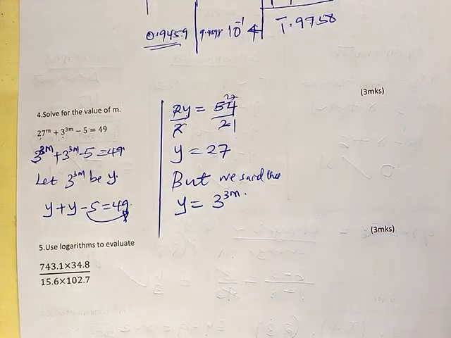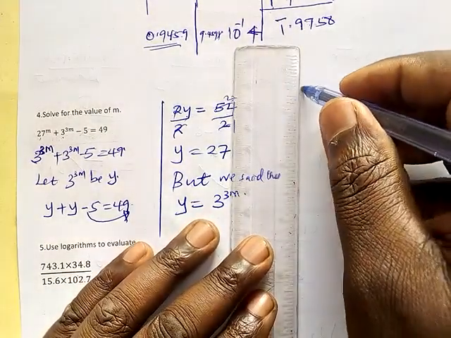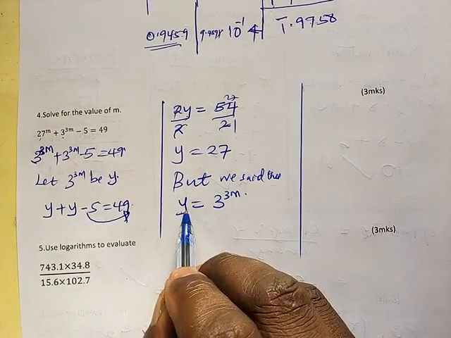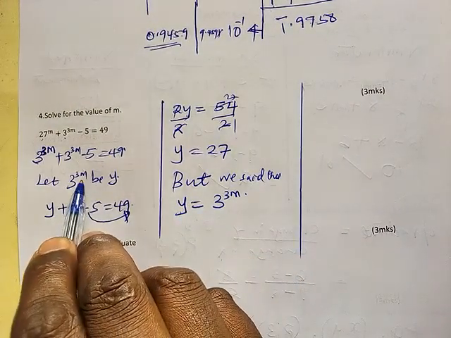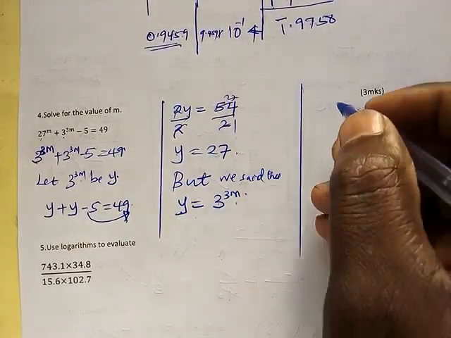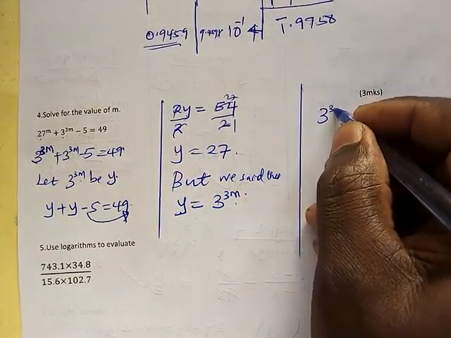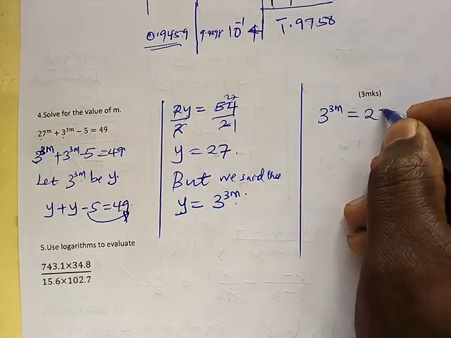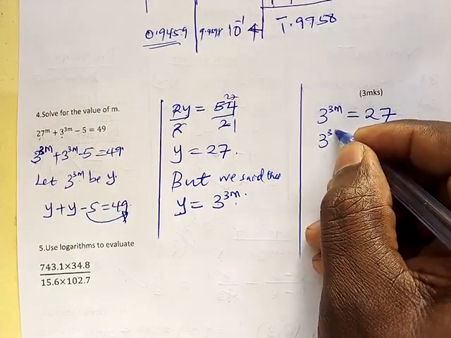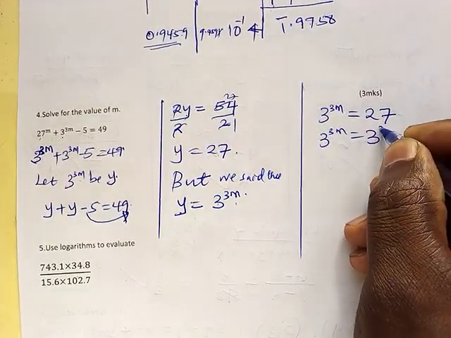That's what we said. So what does that mean? It means that this y, which is 3 raised to 3m, equals 27, because y equal to 27. So what it means is that 3 raised to 3m equal to 27.